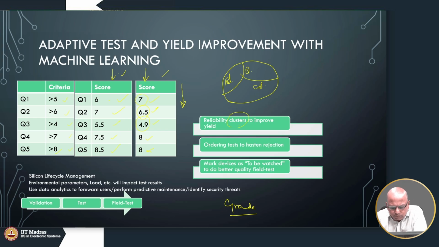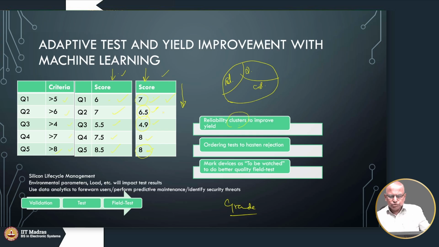And can we order the tests in such a way that bad parts fail early? Okay. In this example, suppose let us consider this guy to be a failure here. He should have got more than 8 marks, but he has got exactly 8 marks, so he fails. Imagine if Q5 had been graded first, then the teacher would have rejected him right away.